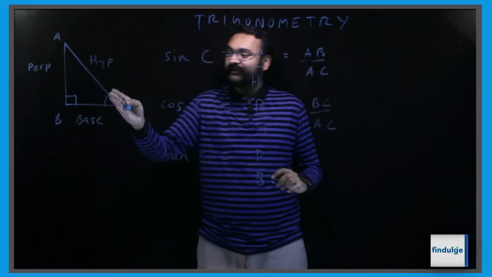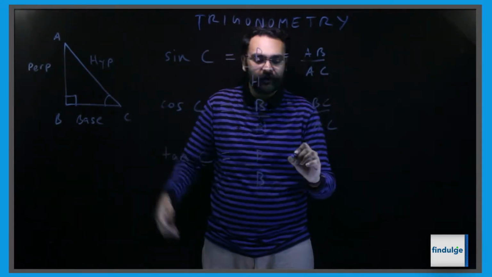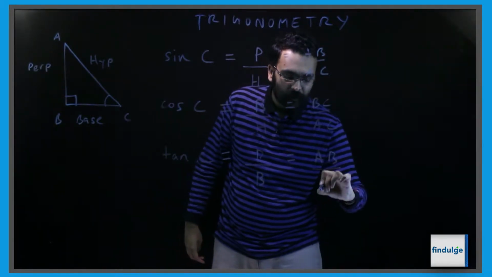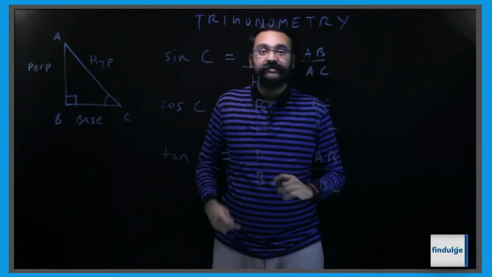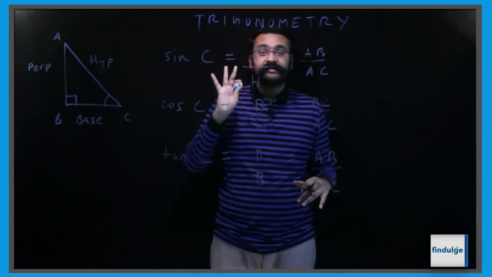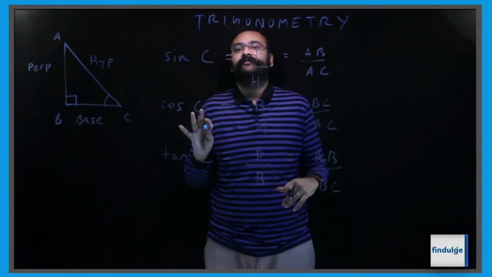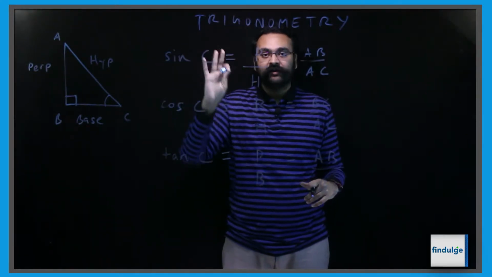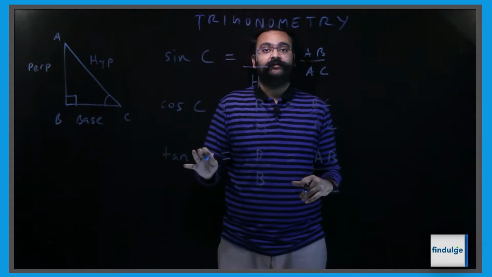So in this case, tan C is equal to AB upon BC. These are your 3 standard trigonometric functions or operations, or whatever you want to call them: sine, cos and tan.